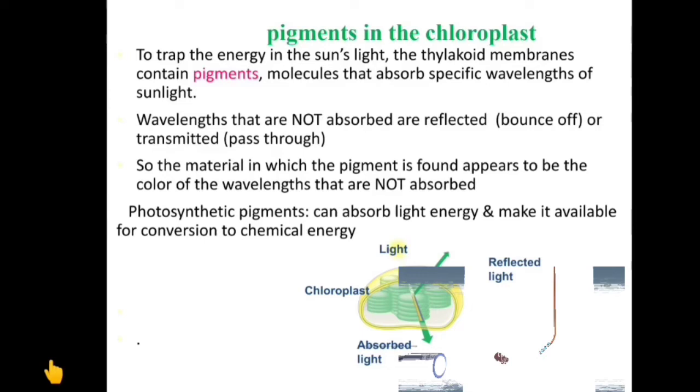Wavelengths that are not absorbed are reflected or transmitted. So the material in which the pigment is found appears to be the color of wavelengths that are not absorbed. Photosynthetic pigments can absorb light energy and make it available for conversion to chemical energy.